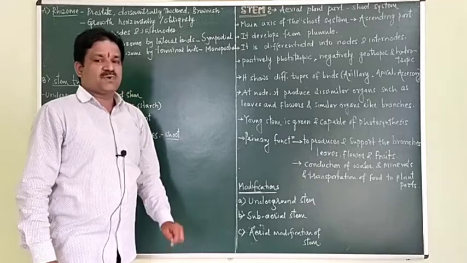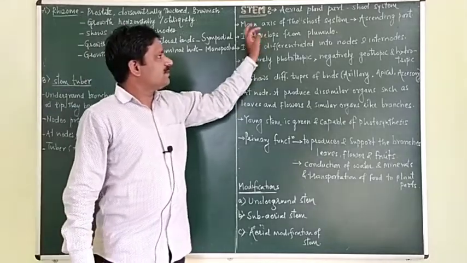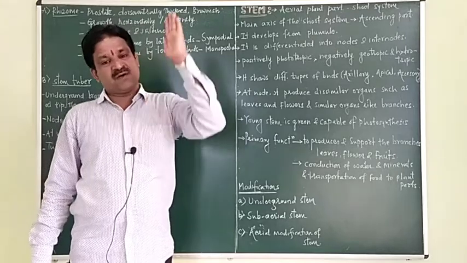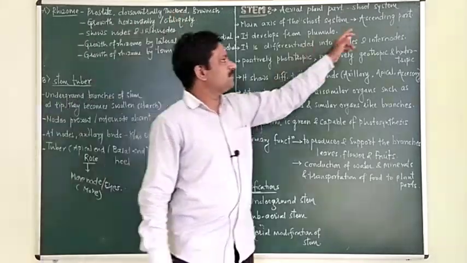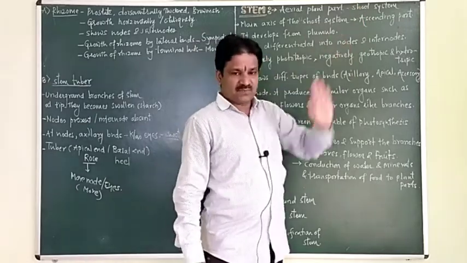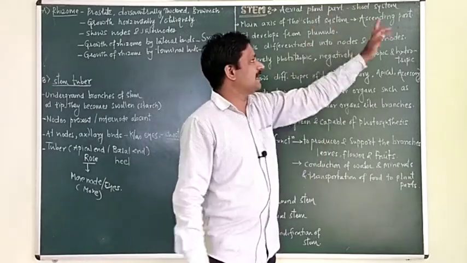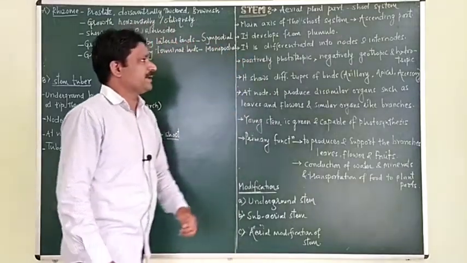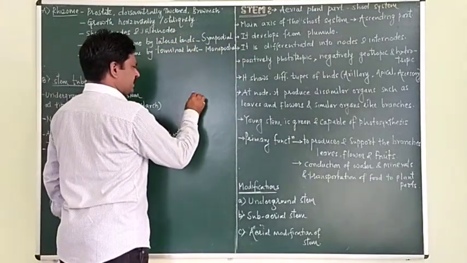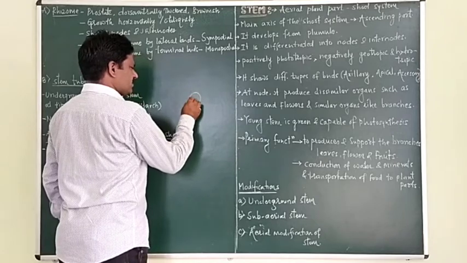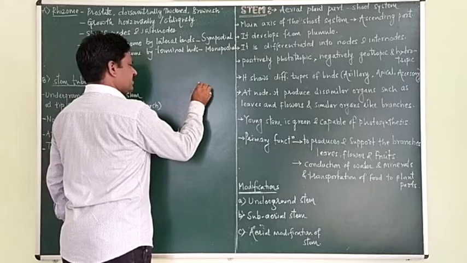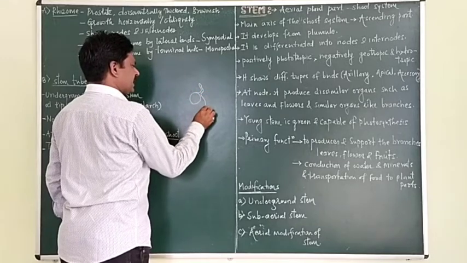It is the main axis of the shoot system and it grows upward. That means it is the ascending part of the plant body. Ascending means which grows upward. During germination, when the embryo undergoes germination, it shows the plumule and radicle.